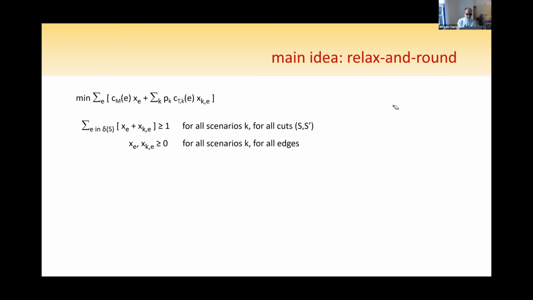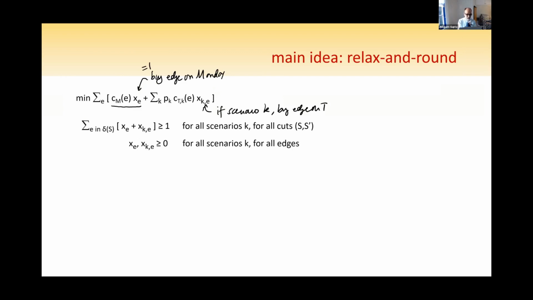So what am I paying on Monday? Think of XE as, again, am I buying the edge? If this is equal to 1, buy the edge on Monday. And this is saying if scenario K, buy the edge on Tuesday.